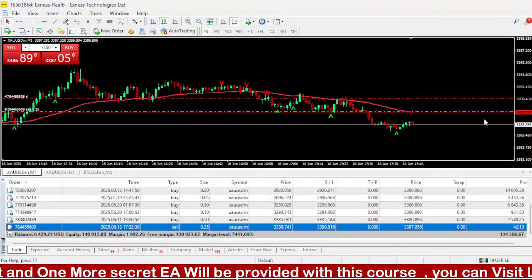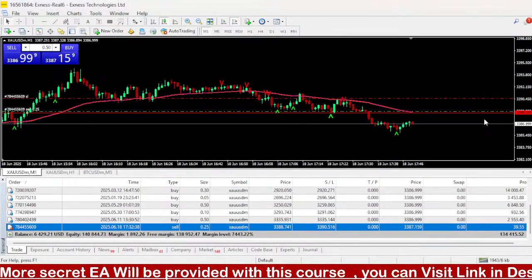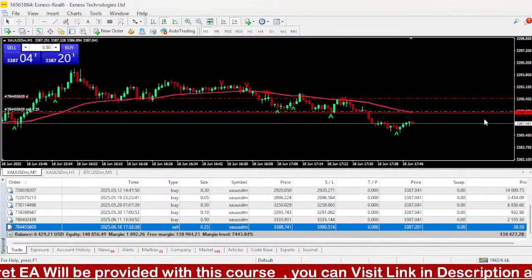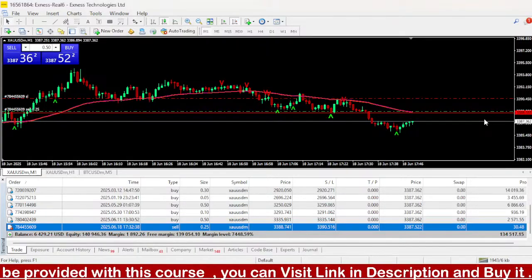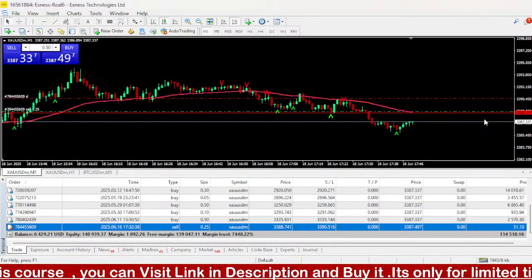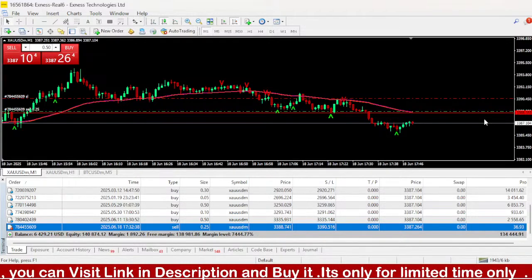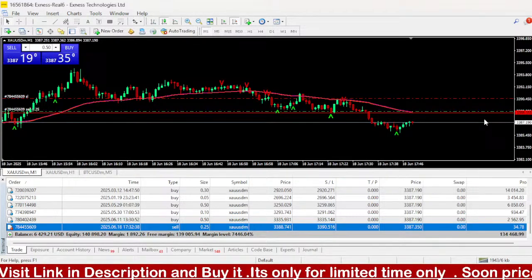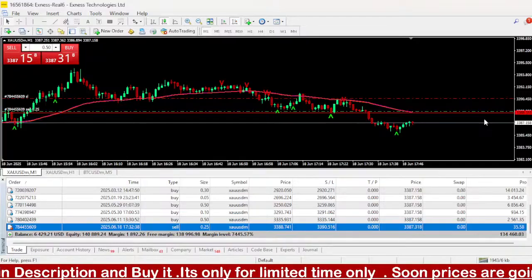So two negatives came consecutively, and gold pumped very hard, because of course if there is negative news, gold will pump. It's just a simple definition.